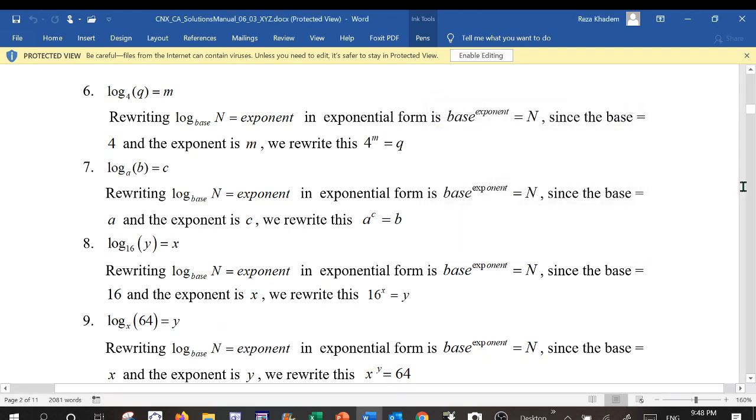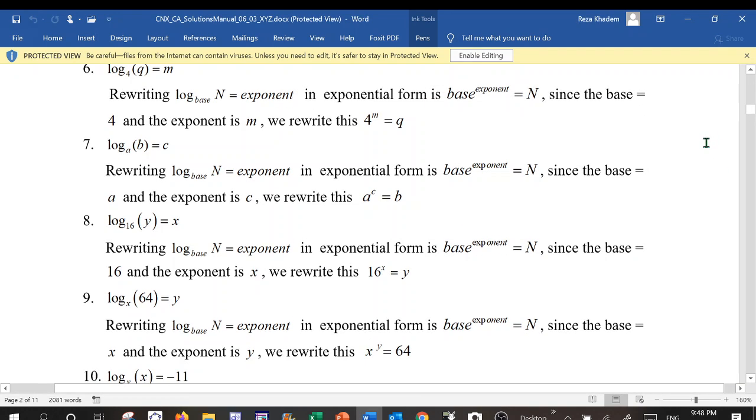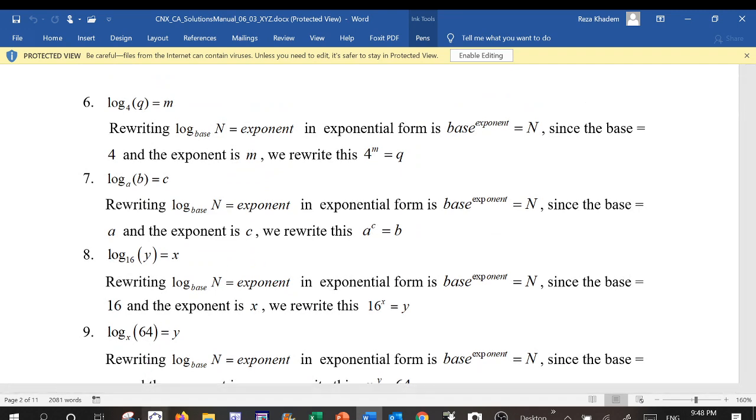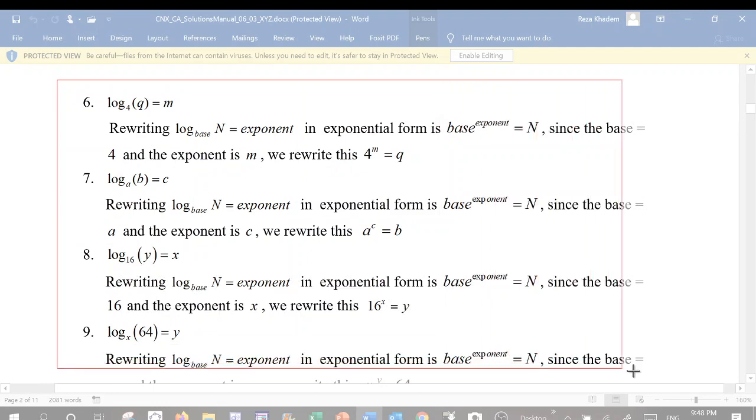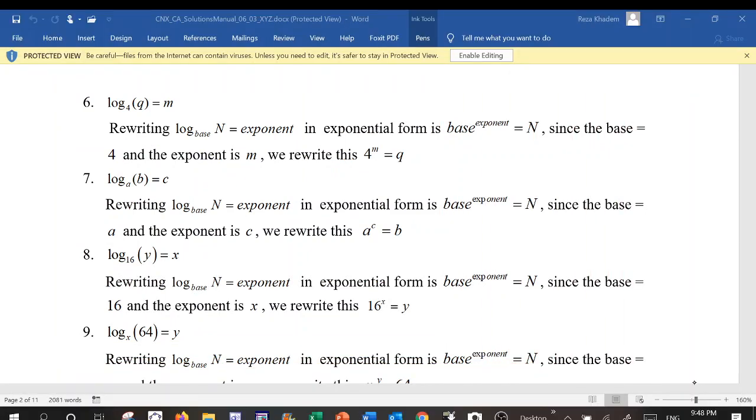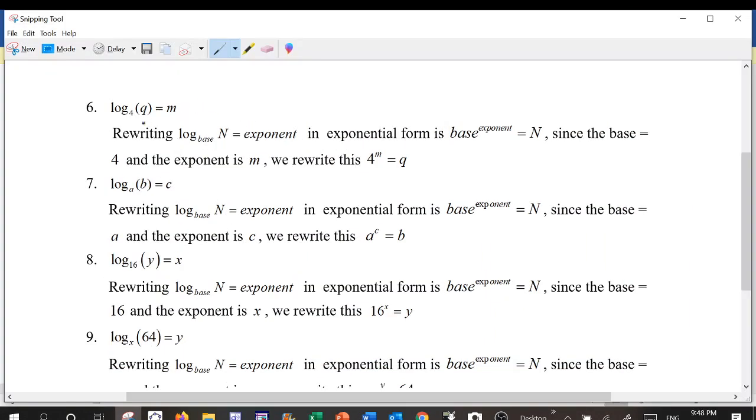Actually, let's do 6 to 9 quickly. So this one, what's the base? The base is 4, right?